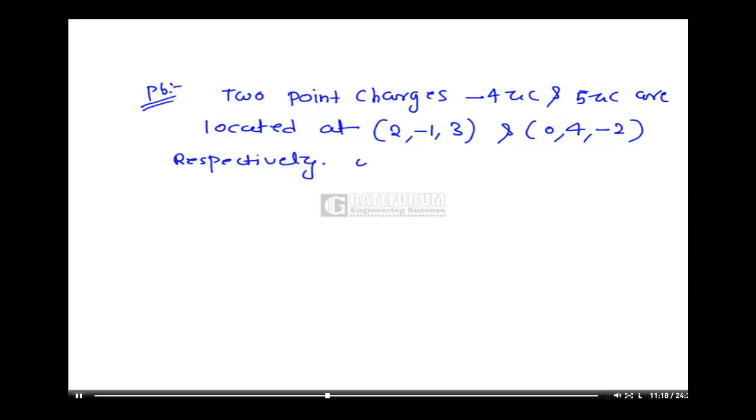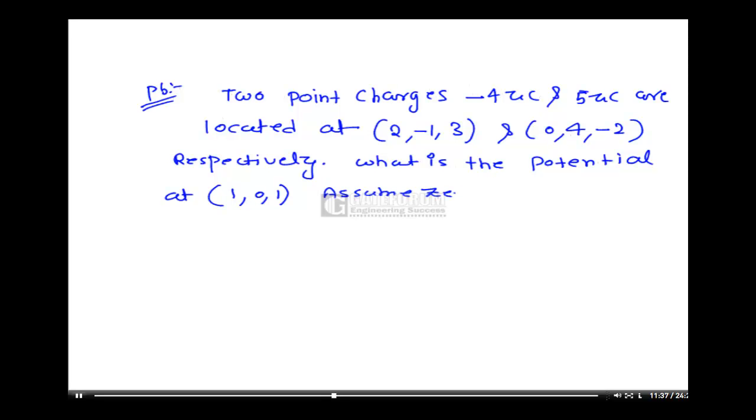What is the potential at (1, 0, 1)? Assume 0 potential at infinity.